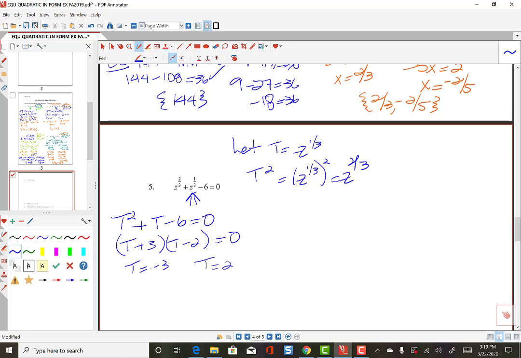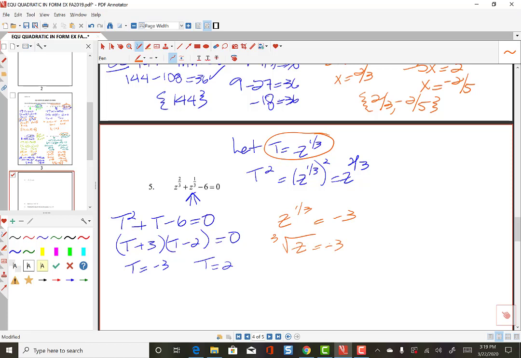All right, so let's do it again. We're going to go back to the original variable. I'm really liking this orange color. It's kind of fun. So that means that z to the 1/3 power is equal to negative 3. Now, again, we have to remember something from chapter 9, and that is if I am taking something and raising it to the 1/3 power, that's equivalent to saying I'm taking the cube root of that expression.